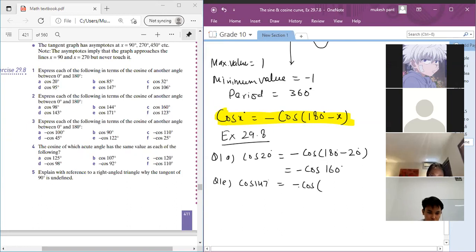Simply, Khalila, use this formula: minus cos, then bracket 180 degrees. In each case you have to write 180 minus 147. In rough, do the subtraction: 180 minus 147 is 33. So this is minus cos 33 degrees.